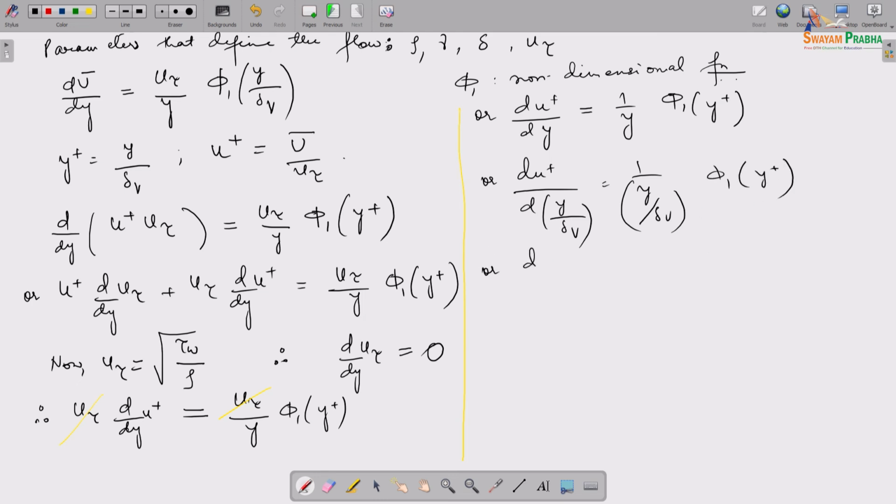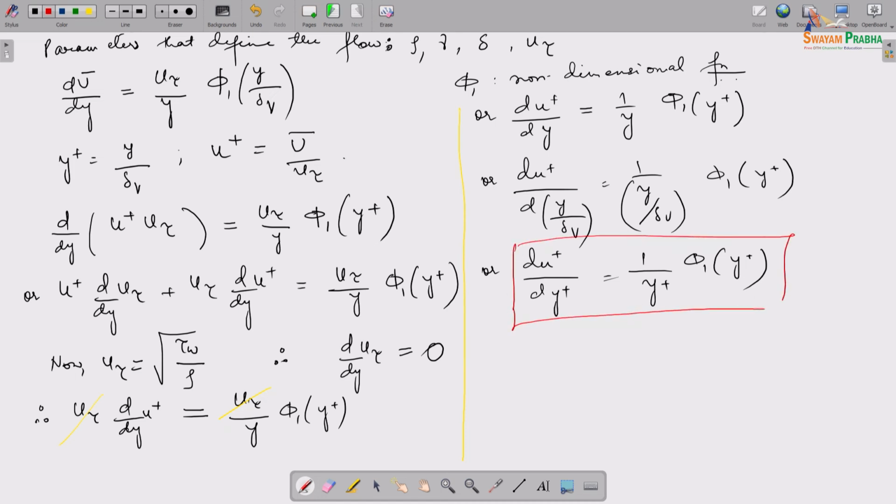So, du is equal to this. Now, that is an important result. Okay. Now, let us integrate it.